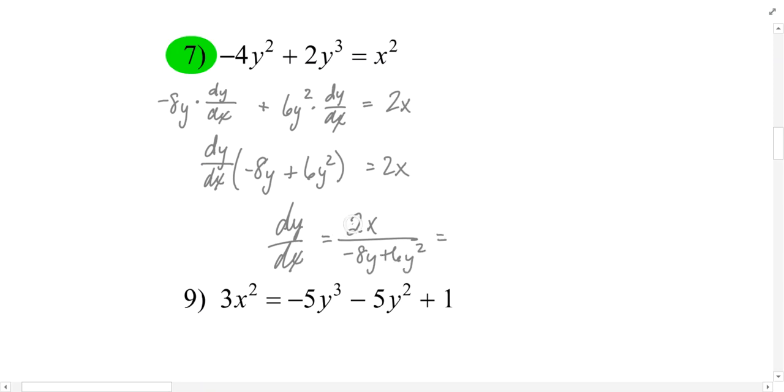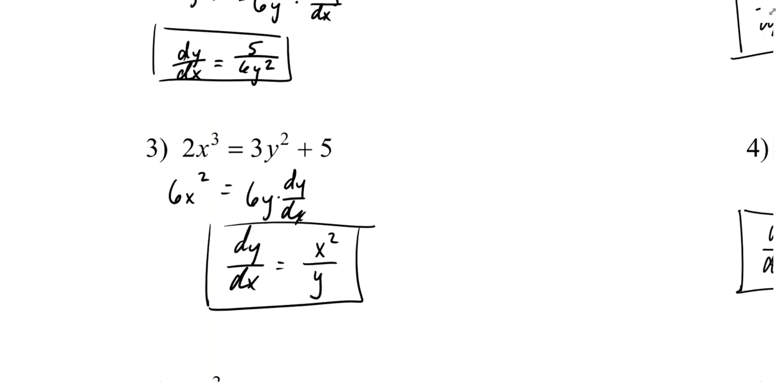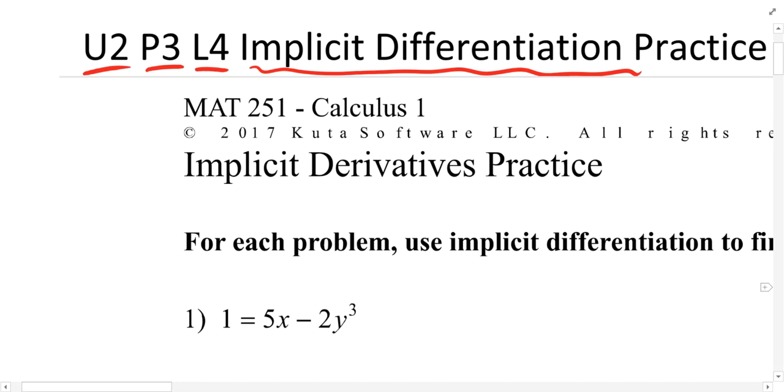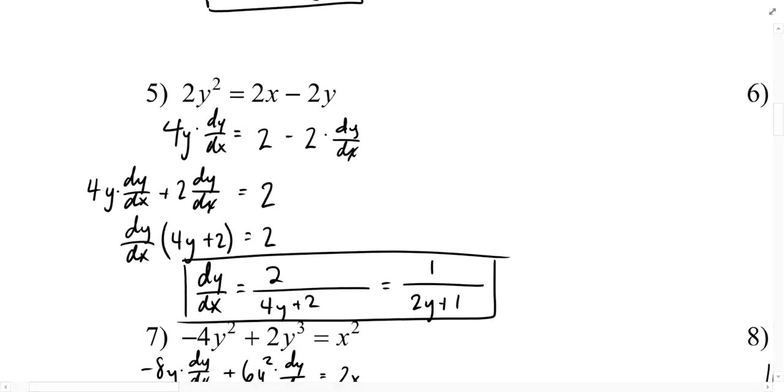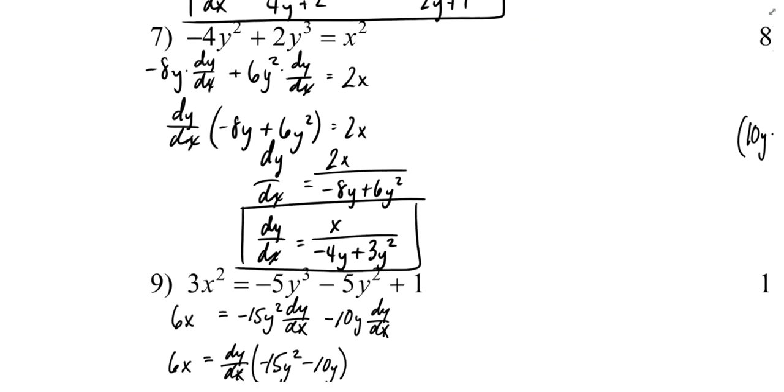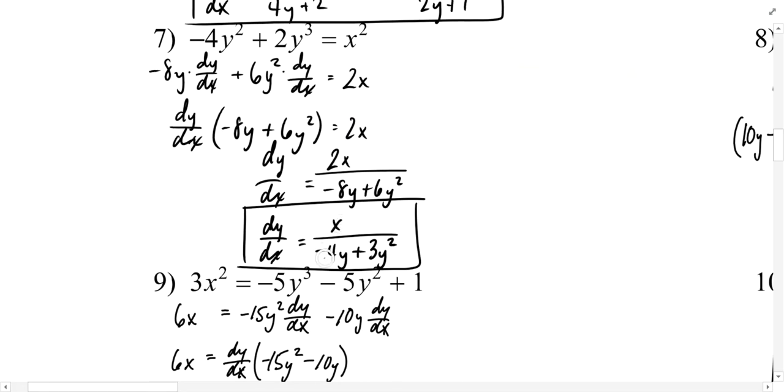That's pretty good, but I do notice that there's a common factor of 2 in all of these terms. So I'll call this x divided by negative 4y plus 3y squared. And I would probably call that a good final answer. And if we compare that to the answer key, looks like we got the same thing, x divided by negative 4y plus 3y squared.